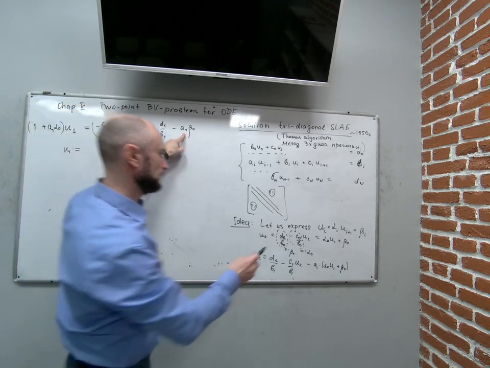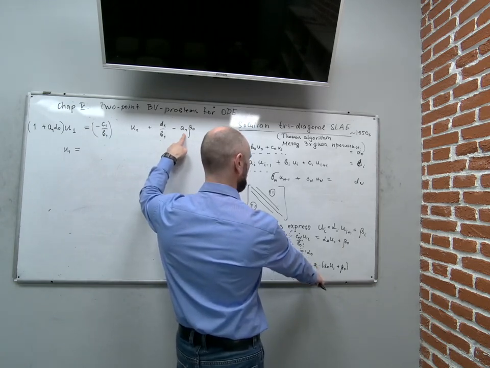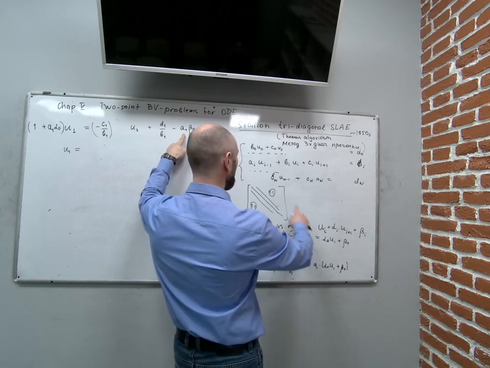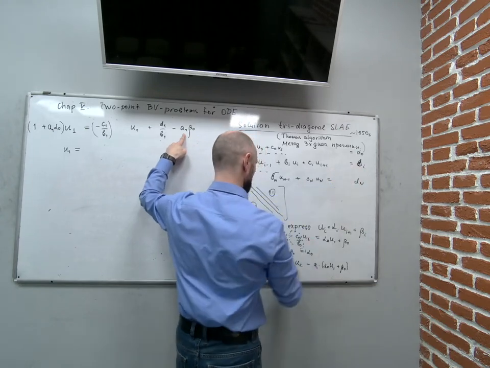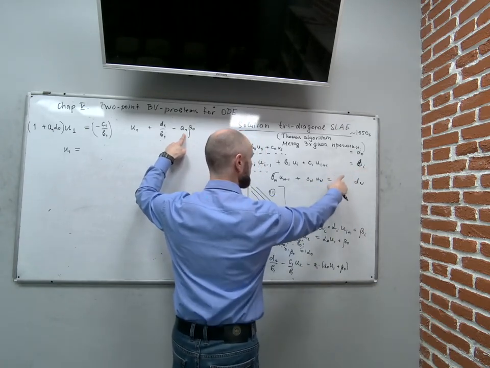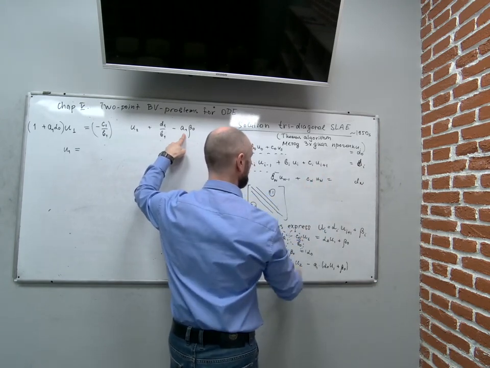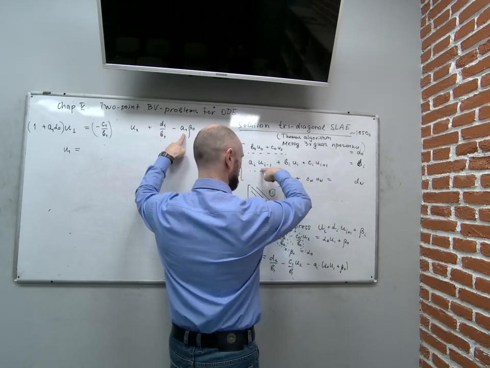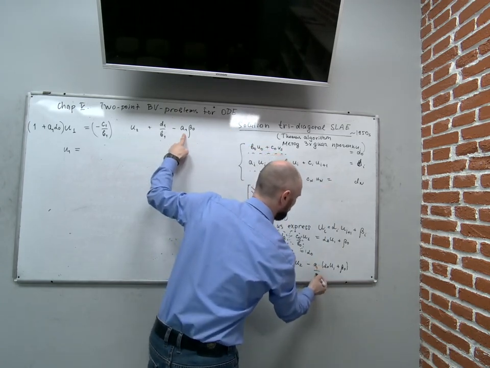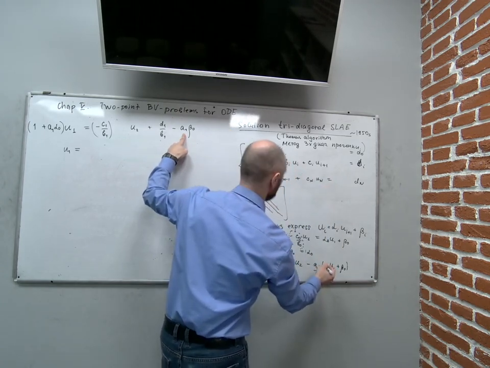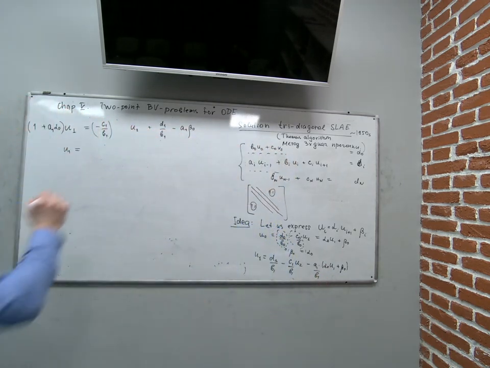No? Yes, just a second. Let me check. So what did I do? I expressed u1. This is divided by b1. This guy is divided by b1, that's right. And this guy goes to the right and is divided by b1. Is that correct? Yes. Fine. Thank you.